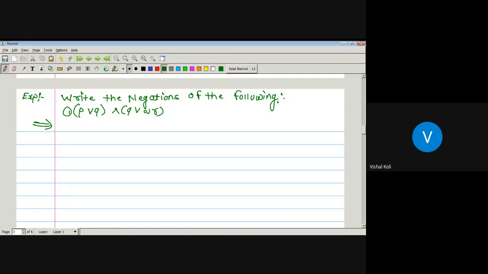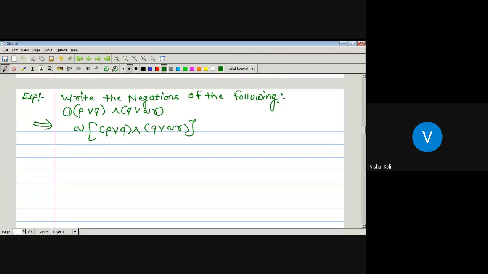We know that if there is a disjunction statement P or Q, then its negation is denoted by negation of (P or Q). So our total given statement's negation will be negation of [(P or Q) and (Q or negation of R)].